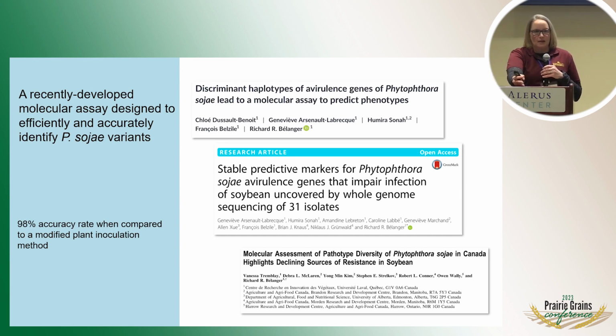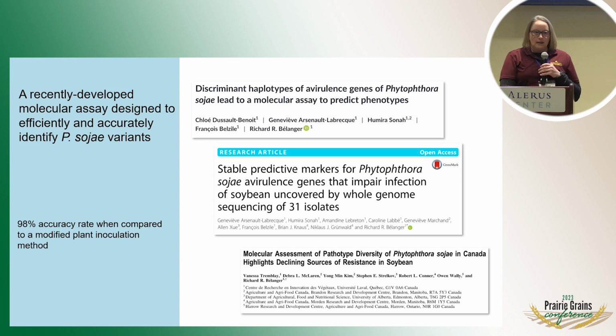So 10 plants per RPS gene. That takes a lot of time to grow those plants, maintain those plants. Each of those plants needed to be individually inoculated with the pathogen and then grown up in the greenhouse for a period of time and evaluated. Those evaluations could sometimes give you false positives or negatives.